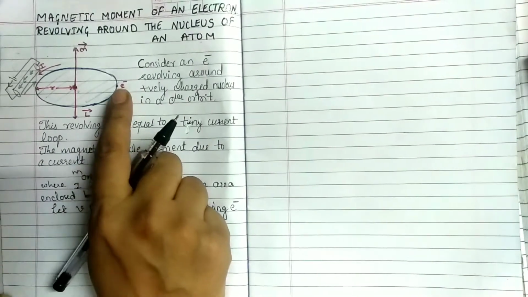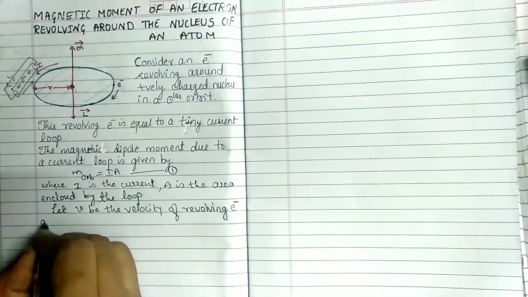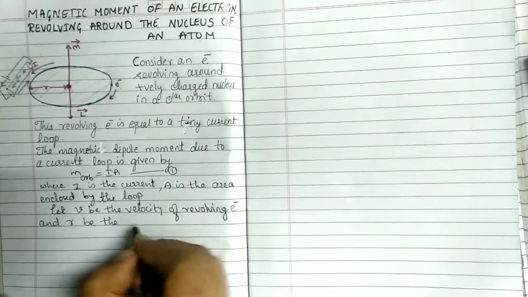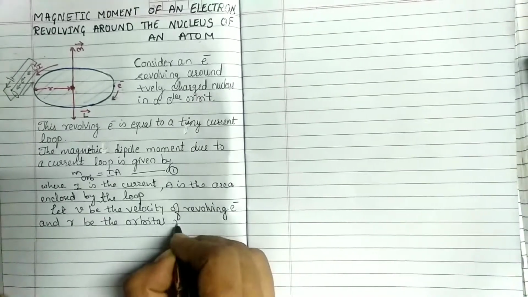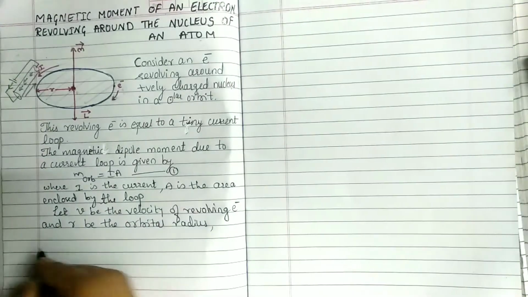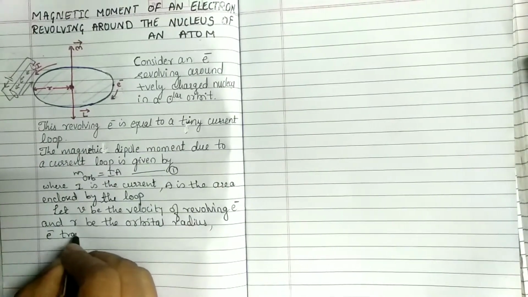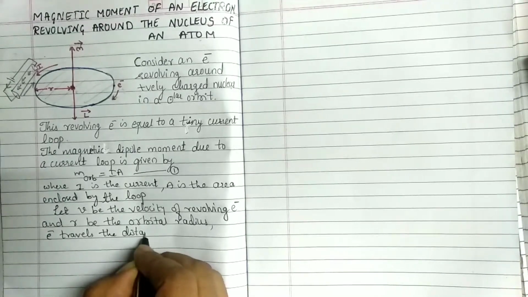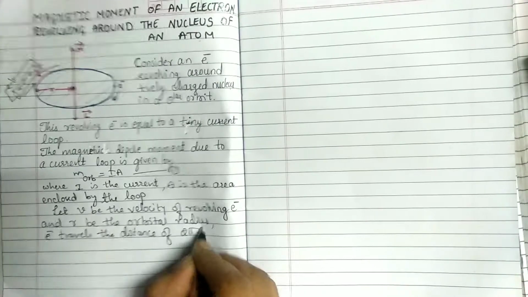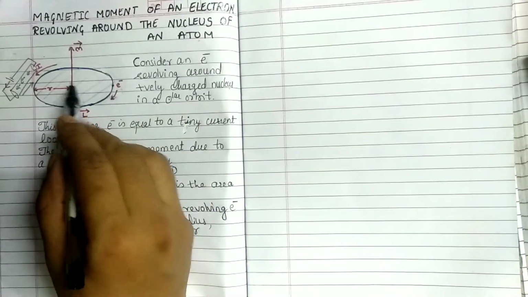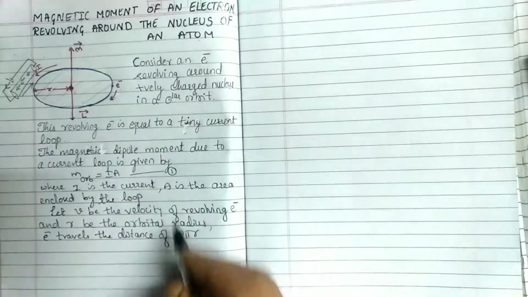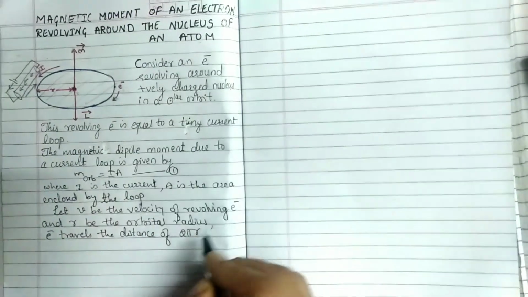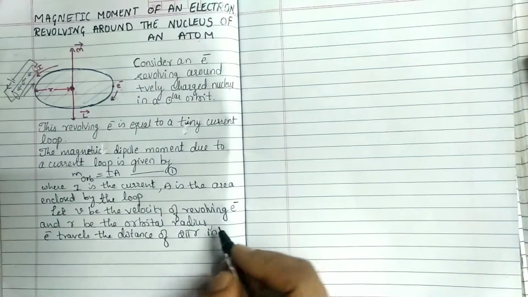This electron is revolving with the velocity v over here, and r be the orbital radius, then this electron travels the distance of 2 pi r. See, since it is a circular orbit, the circumference of the circle is 2 pi r. Means this electron covers the complete distance of 2 pi r in time T.